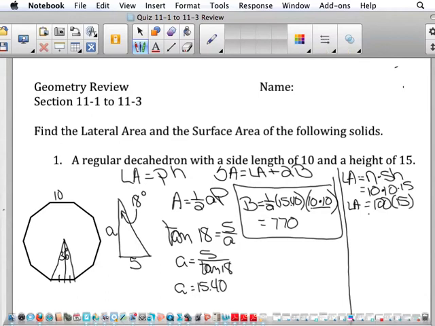That gives me a lateral area of 1500. Then my total surface area is the lateral area, 1500, plus 2 times the area of a base, and the base was 770. So my total surface area for this would be 3040.